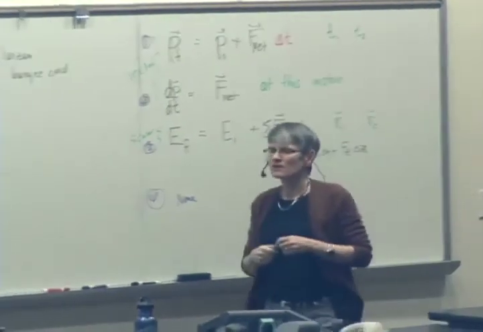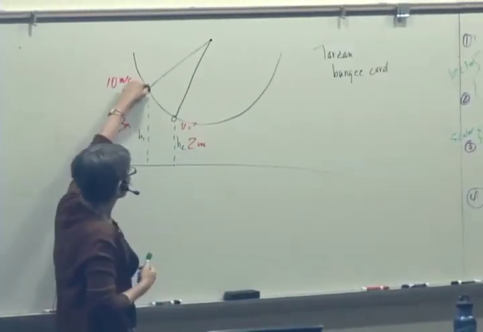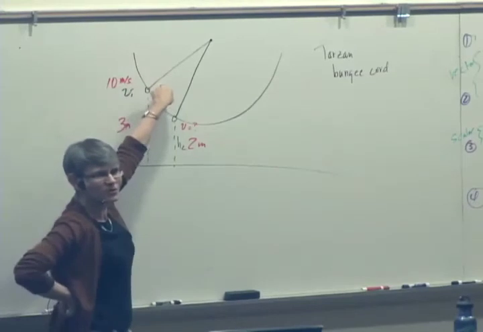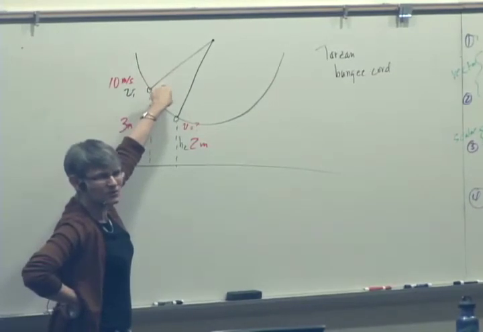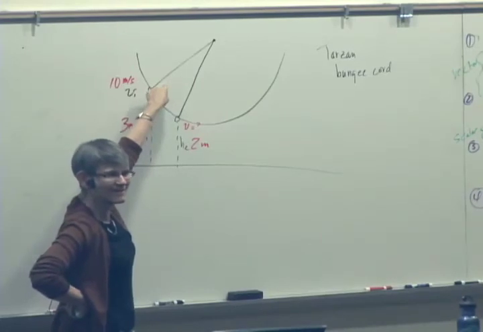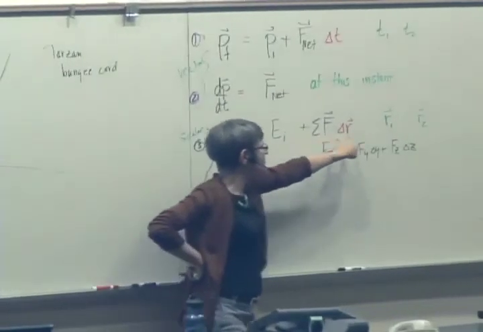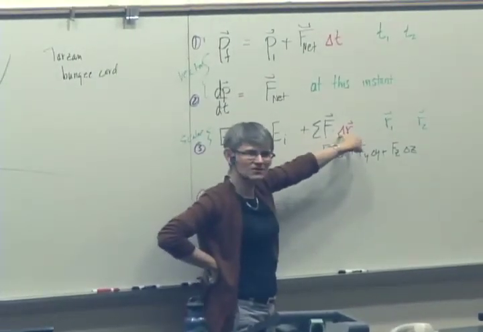Now, could you write a computer program to do this if you knew the force exerted by the bungee cord, but maybe that's changing. So, do we have two different positions?